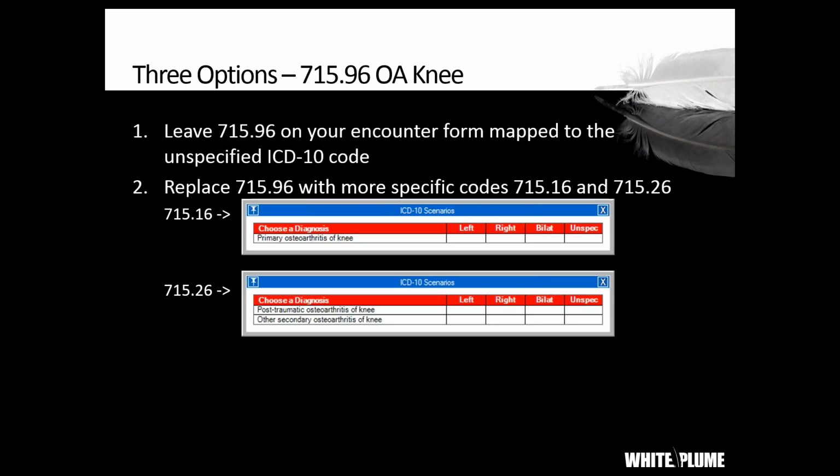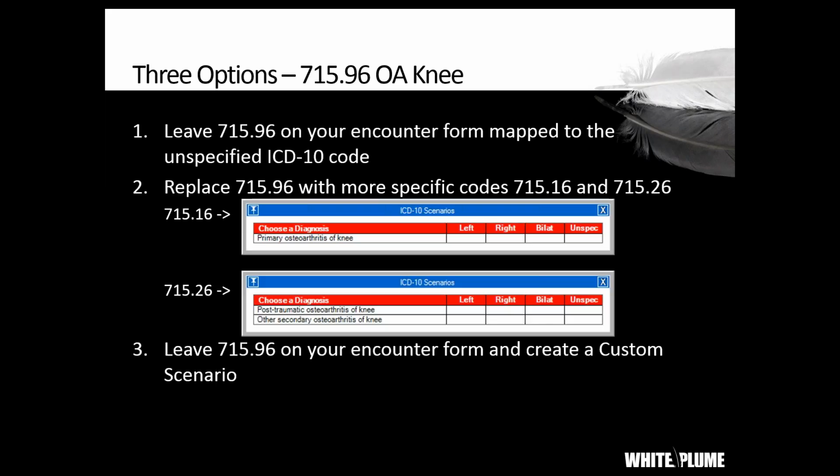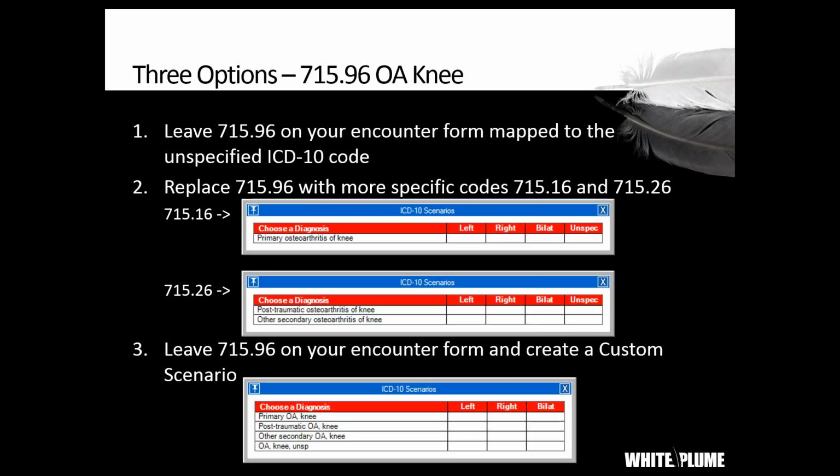But there is a third option. I think this is the best way to handle a lot of these unspecified codes, is to leave the 715.96 on your form today. Don't make a change to your form, but you can make a change to the custom scenario to include those more specific choices.